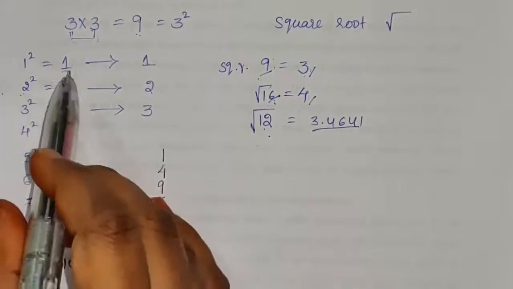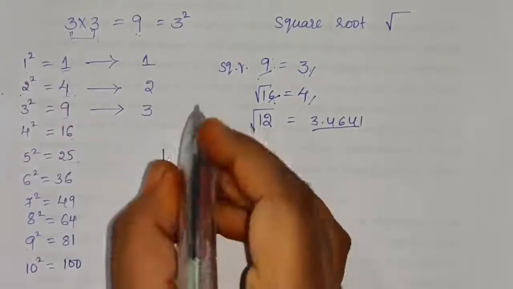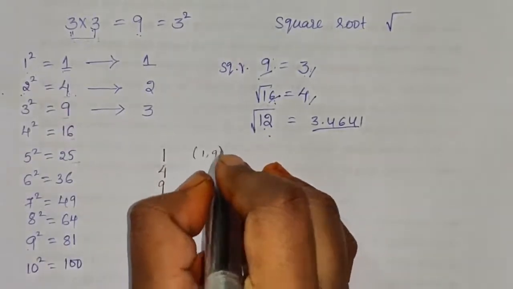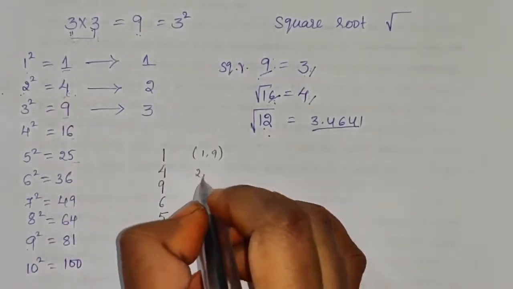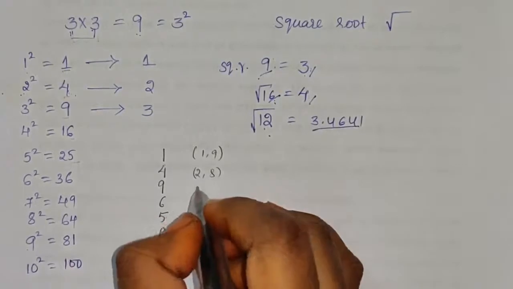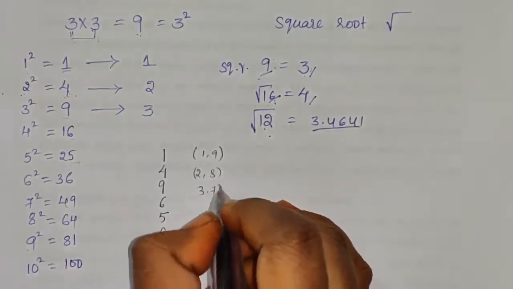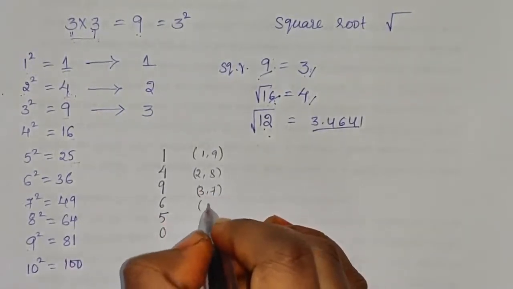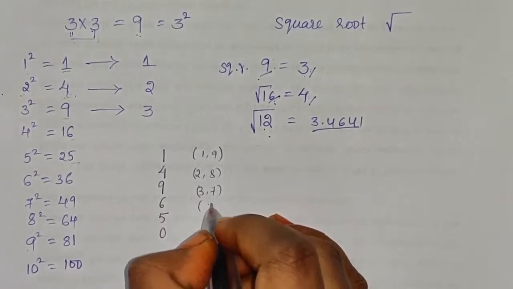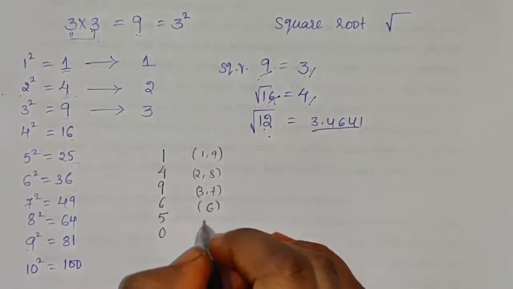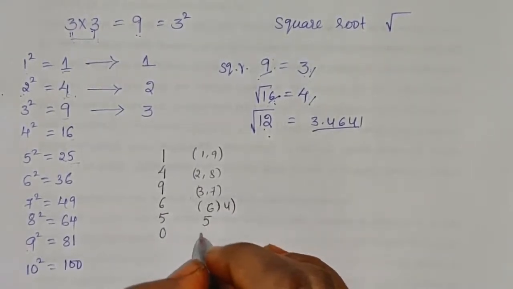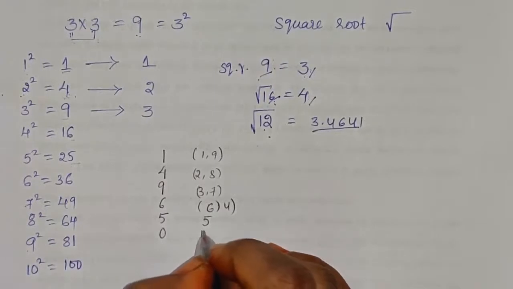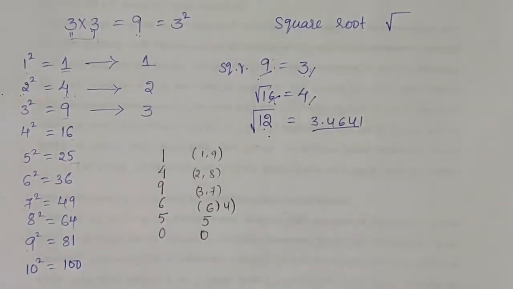This 1 is for 1 and 9, this 4 is for 2 and 8, 9 is for 3 and 7, 6 is for 4 and 6, 5 is for 5 only, and 0 is for when it is 0 in the units place.